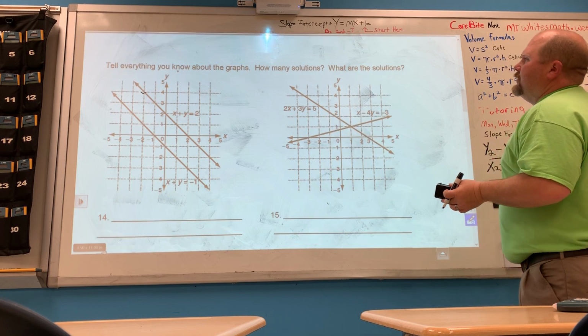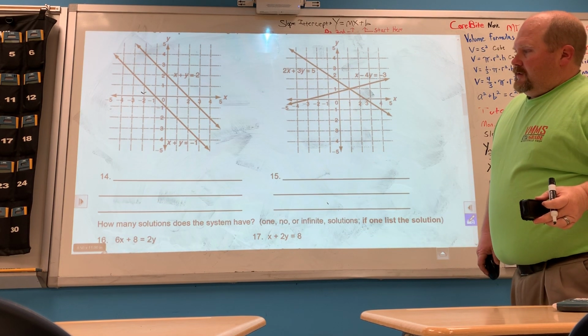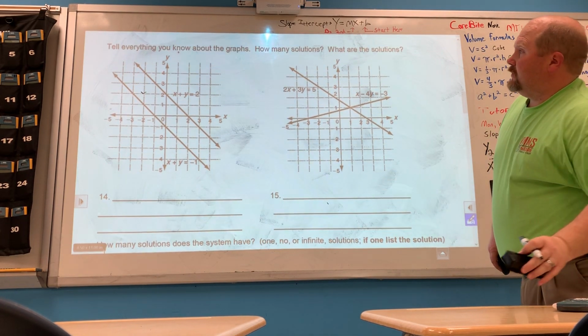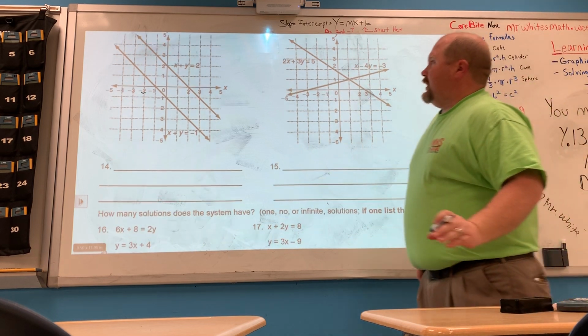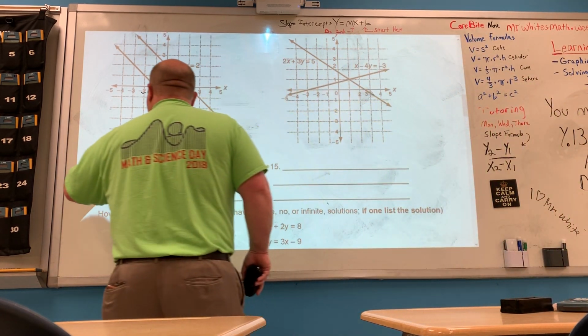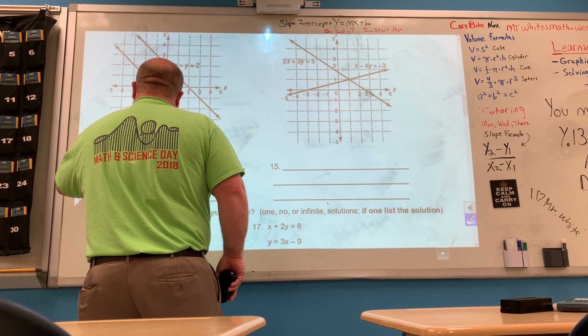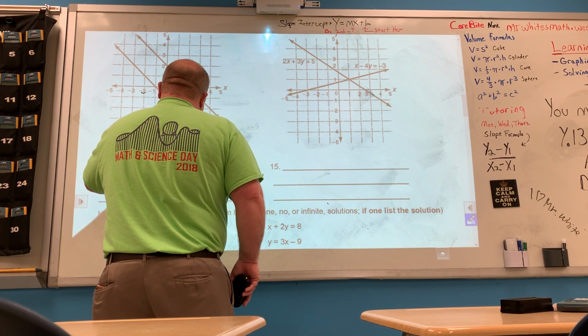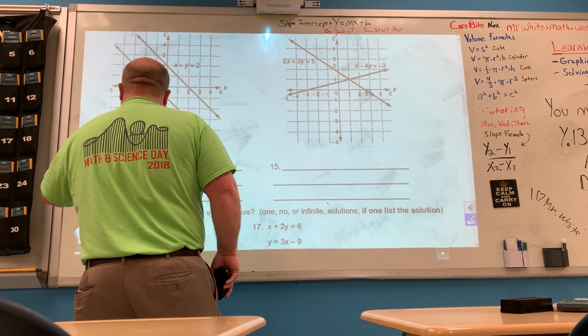All right, tell everything you know about the graphs. So the first thing I noticed about the first graph is they're parallel lines. They have the same slope.